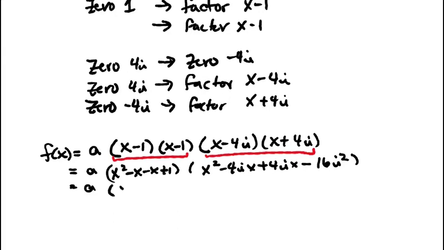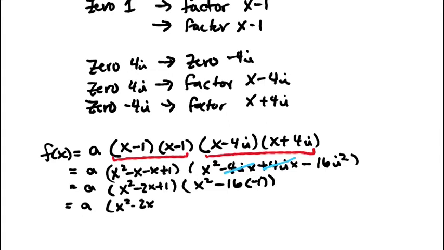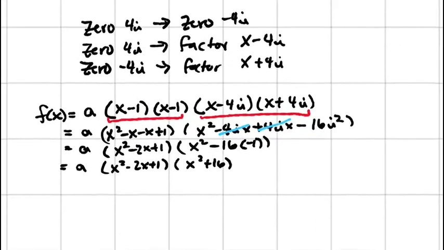I'll combine like terms, and this gives x squared minus 2x plus 1. Minus 4ix and plus 4ix cancel each other out. i squared is defined to be negative 1, and negative 16 times negative 1 is a positive 16. So we have x squared plus 16.